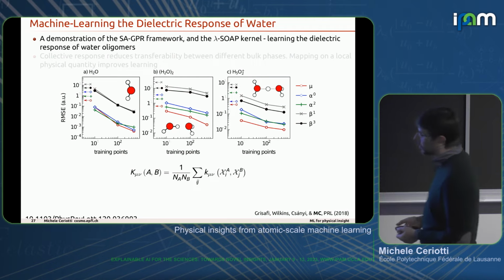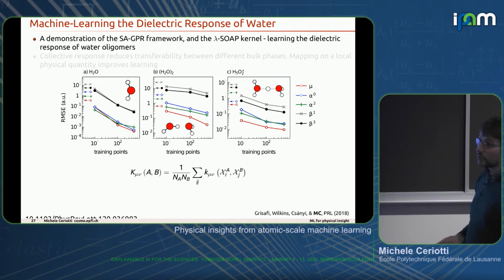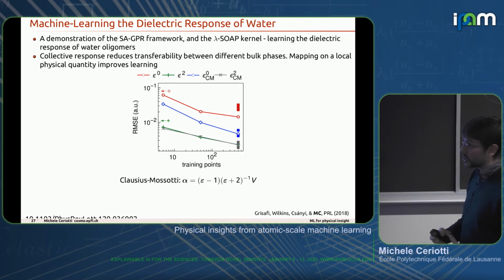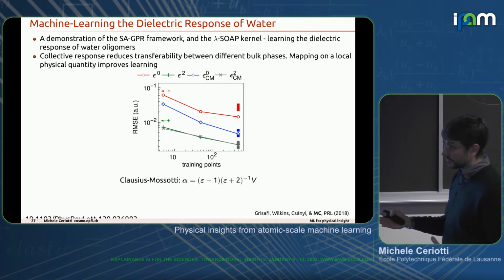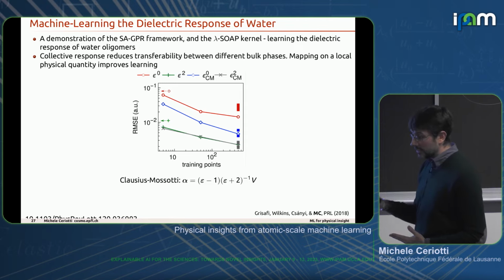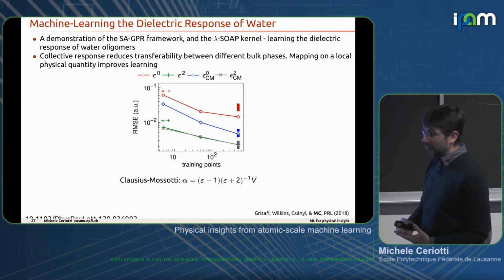Here we were trying to predict the dielectric response of water. When we did this for ice and water, so in the condensed phase, we found that the models were much, much worse than in the gas phase. And this actually has a very good reason: the dielectric response in the condensed phase is a collective effect.